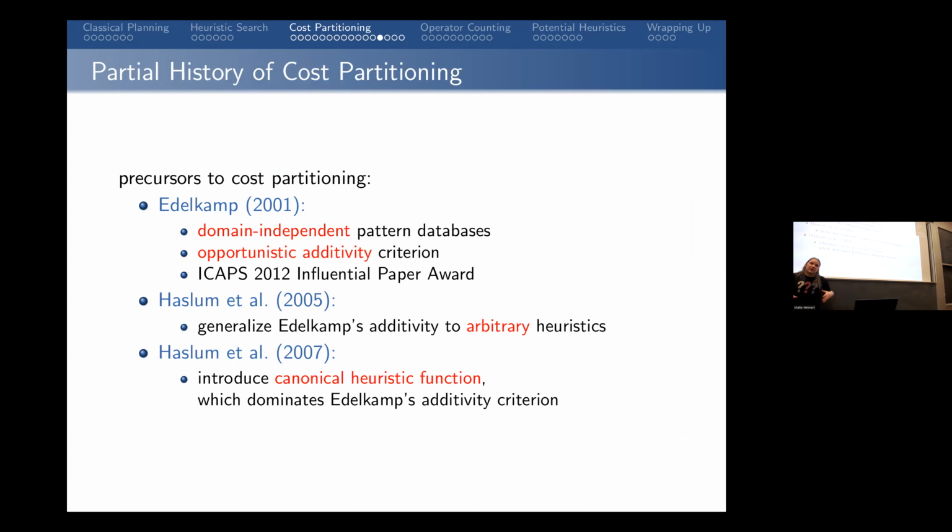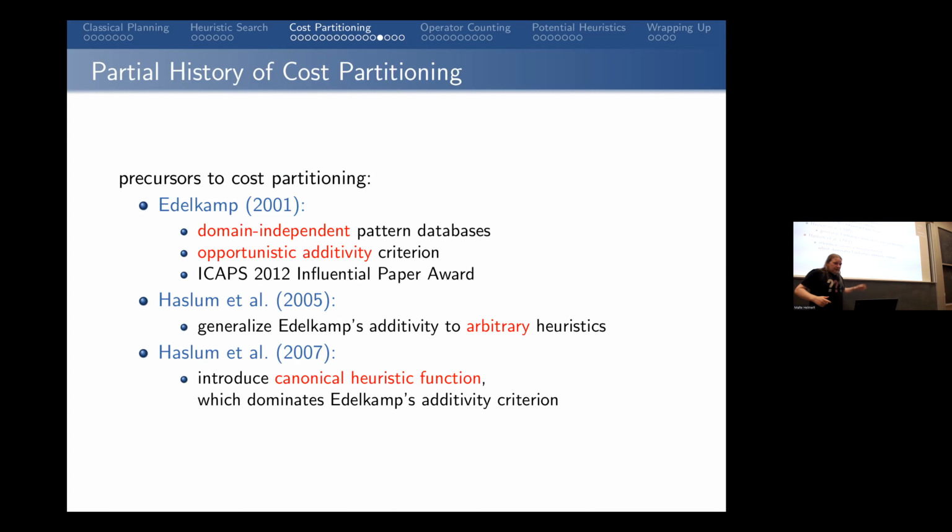This one was generalized to arbitrary planning problems by Edelkamp, who also came up with what I call an opportunistic additivity criterion, which basically said, well, in some cases, we're just able to add up the cost of two patterns, because we're always using the original cost function, but somehow, in some cases, it just happens that an action can't make progress in multiple projections at the same time, and then they're what we would call opportunistically additive.